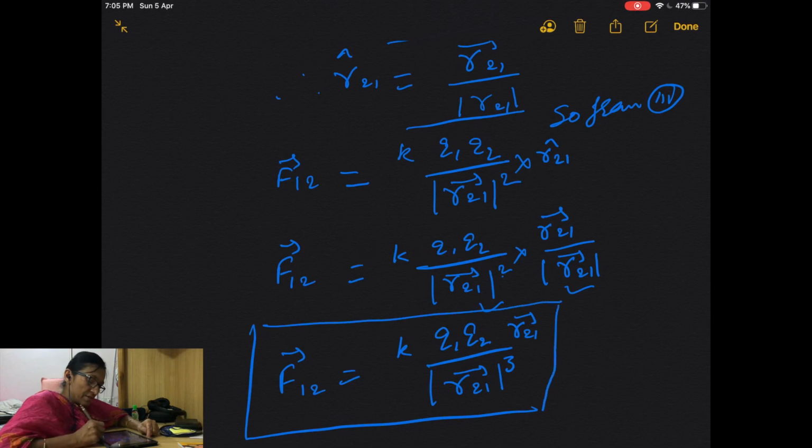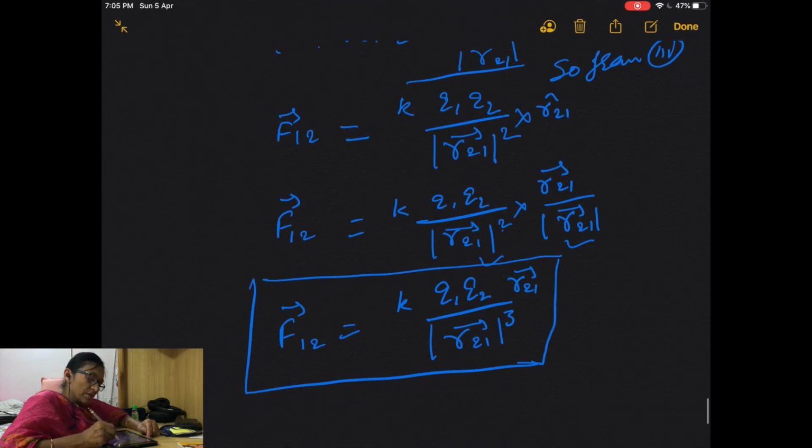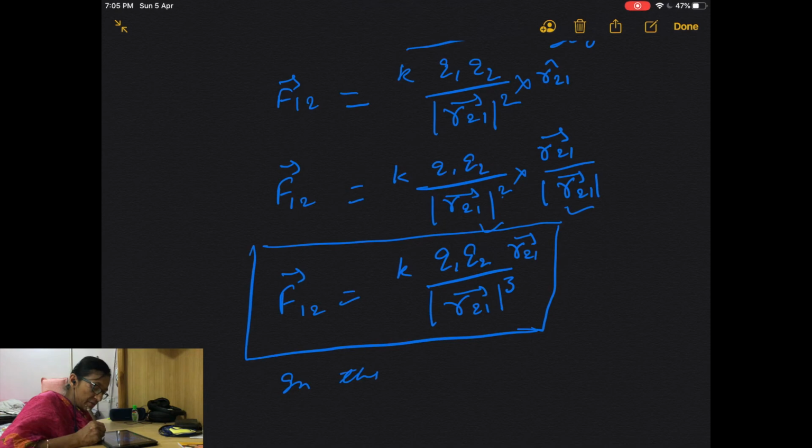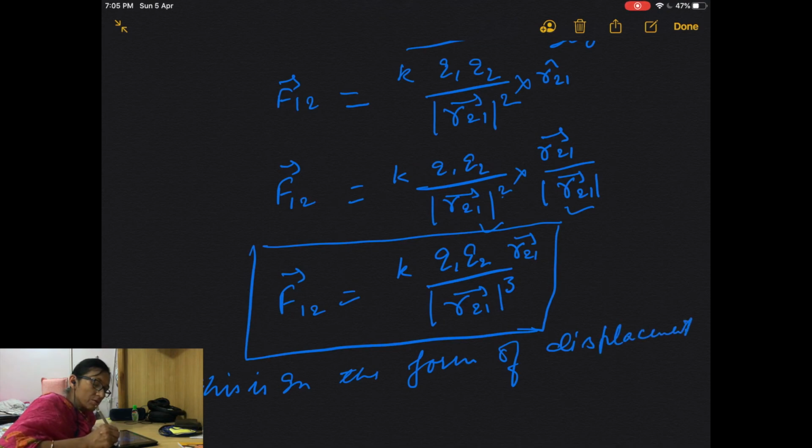So this is another form of force, in the form of displacement vector.